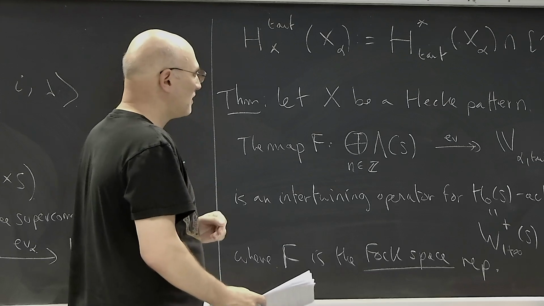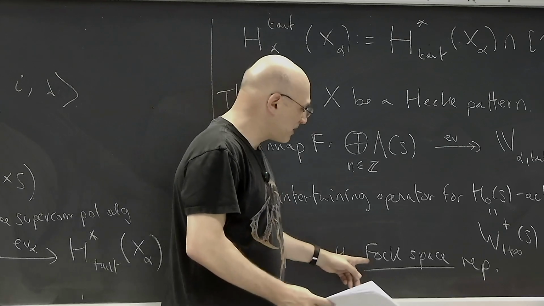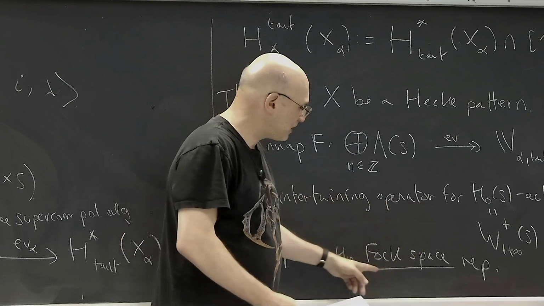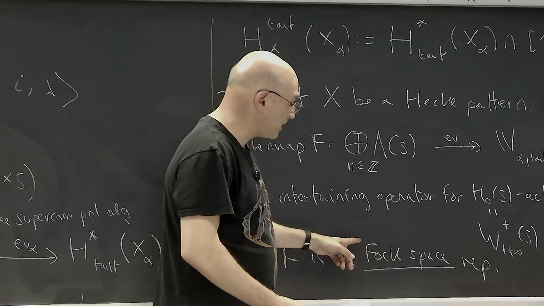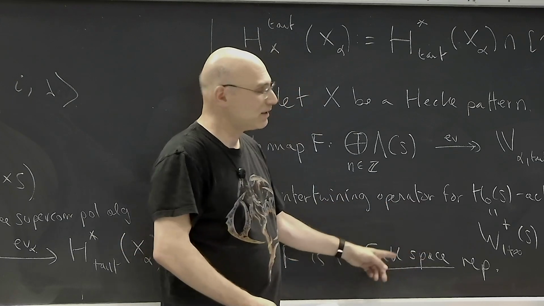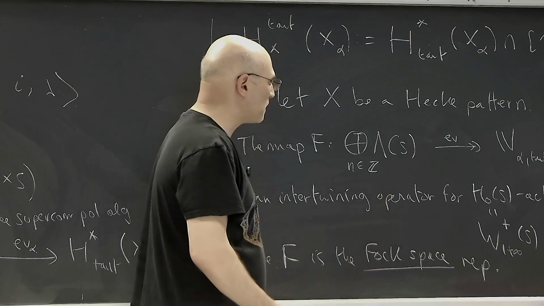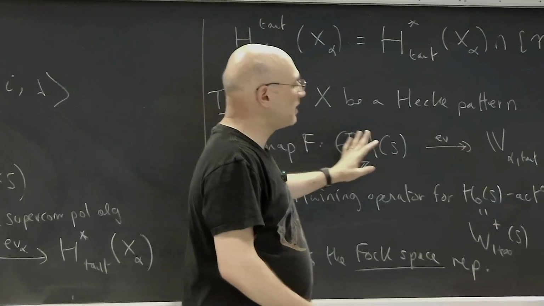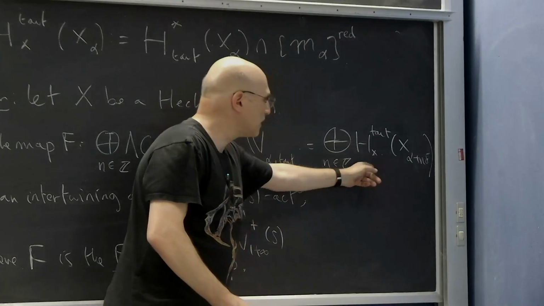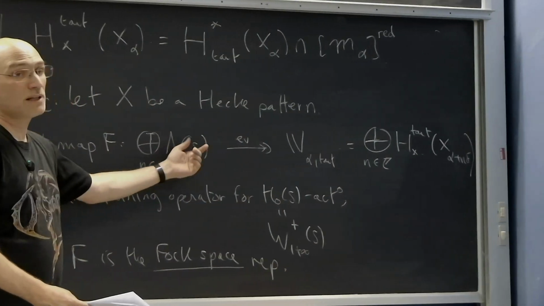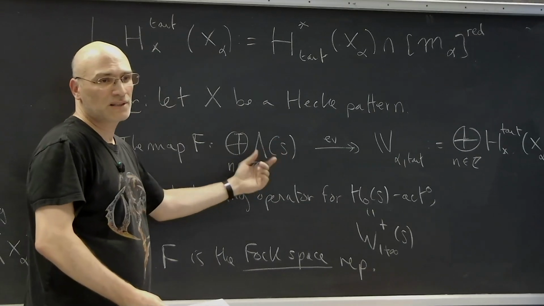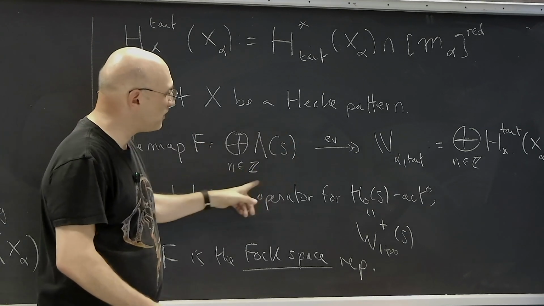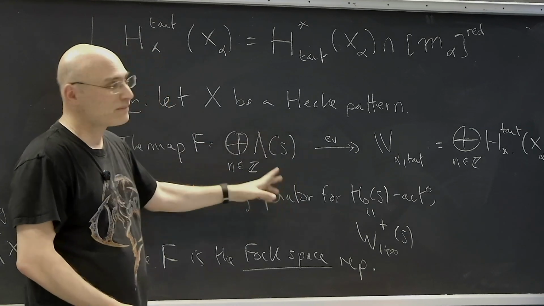And this Fock space is a bit different from the Fock space you might know from Heisenberg algebra. This is not irreducible. This is not highest weight. Okay, but it is some kind of Fock space. And this map is surjective. So it means that we can understand the tautological piece as soon as we understand the relations in this Fock space. So it has to be a quotient of this big Fock space by a certain submodule.